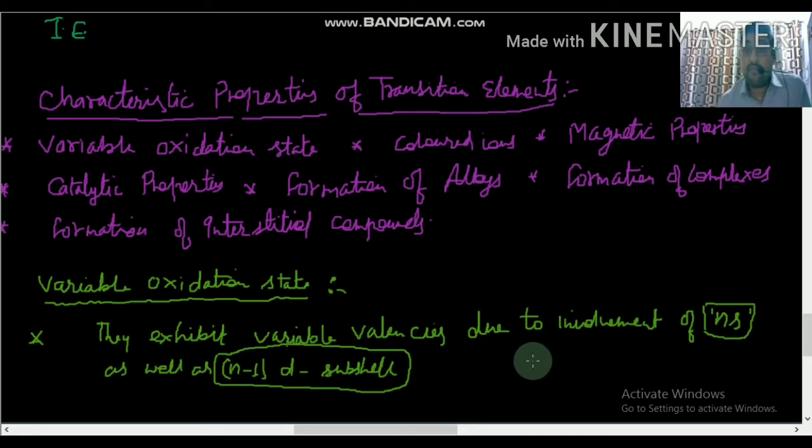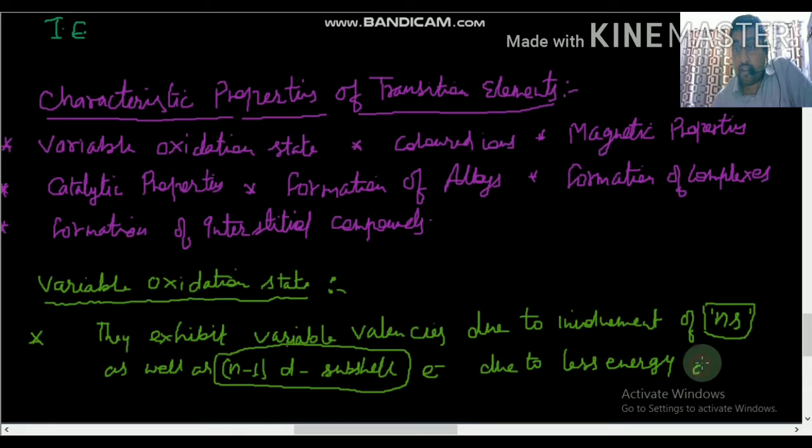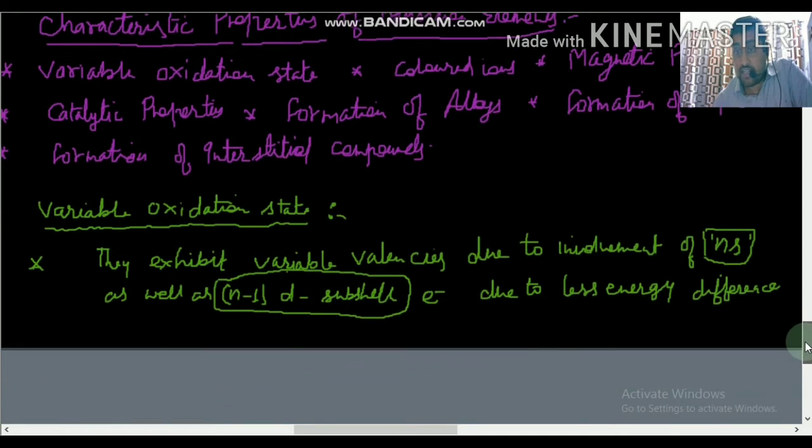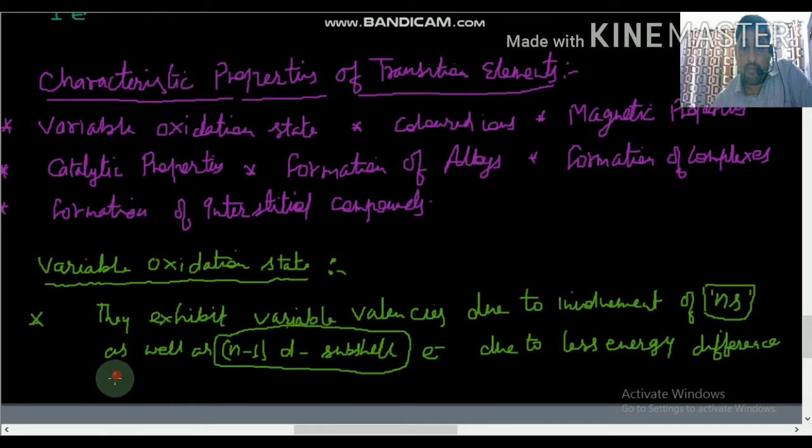So they exhibit variable valency due to the involvement of both ns and (n-1)d subshell electrons, and this is due to the less energy difference between these.